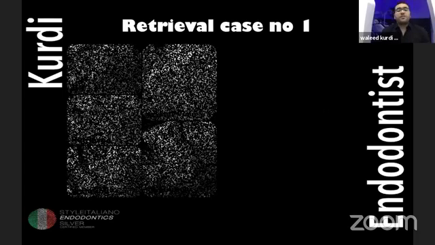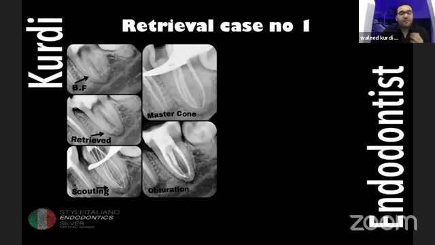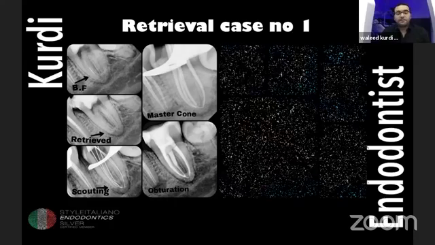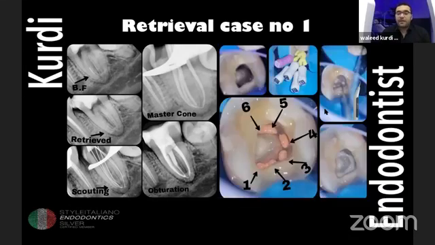First of all, in this retrieval case we have a broken file inside the mesiolingual canal of a lower second molar, and we retrieved it with ultrasonic, with Ultra X. I will show you at the end of this lecture a video of my protocol in retrieval nowadays, because as we know, most separated instrument retrieval we can do with ultrasonic only.